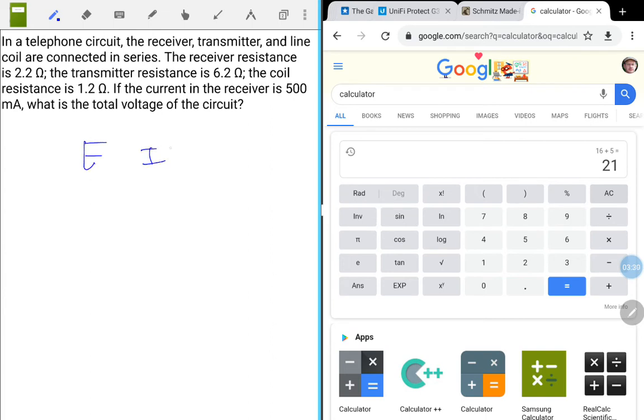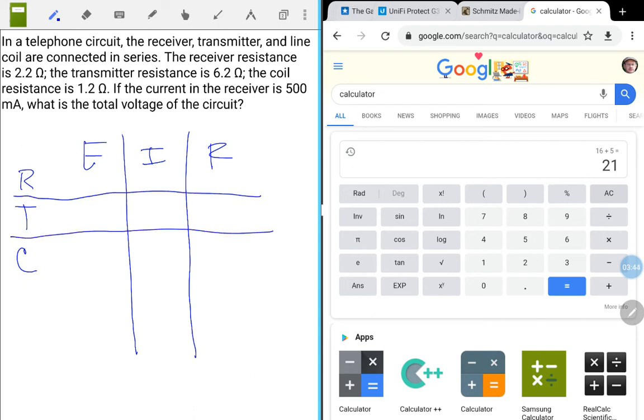E, I, and R. Now there are 3 things in this circuit: the receiver, the transmitter, and the coil. I'm just going to call them R, T, and C. Actually, let's call this the trans, because we're going to have a T down here for total.